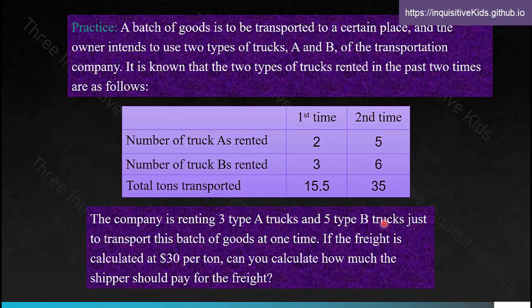If the freight is calculated at $30 per ton, can you calculate how much the shipper should pay for the freight? So using what you've learned and the experiences you've gained from the past two examples, pause the video yourself and use this table to create your equations and your variables, and then solve.